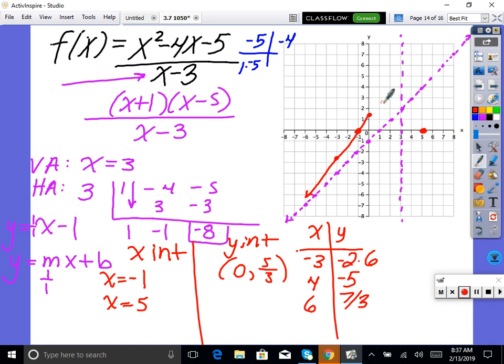So I'm not necessarily curving it perfectly. Over 4, down 1, 2, 3, 4, 5 units. So obviously it's coming down like this by this asymptote. And then over 6, up 2.3. So now I know it's coming up by this asymptote.